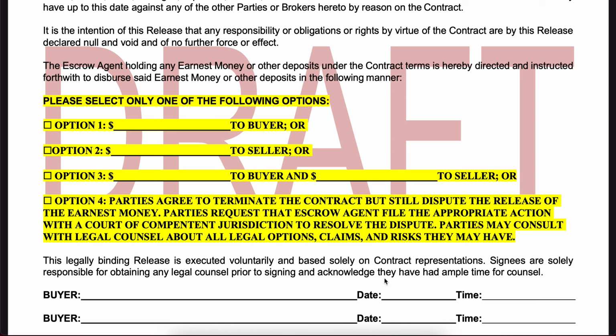So the parties agree that they are fine terminating the contract, but they can't figure out what to do with the earnest money. They can now both check option 4, sign that, and then present that to the escrow agent. Essentially say, hey, would you please file the interpleader action on our behalf so the court can determine what we want to do with the earnest money, because we cannot come to a mutual agreement, so we're going to rely on that other option, the court order.